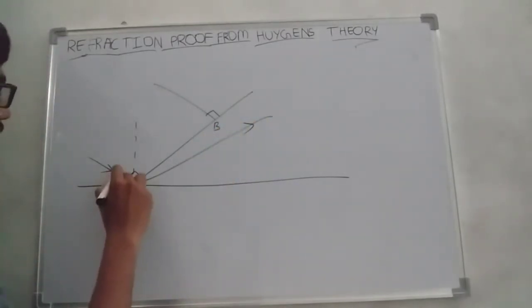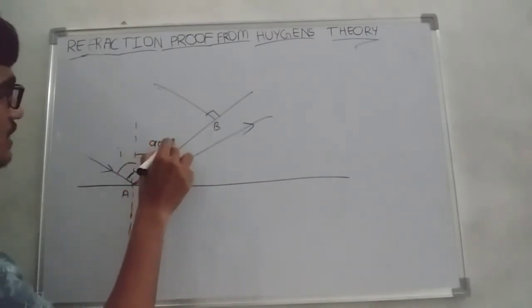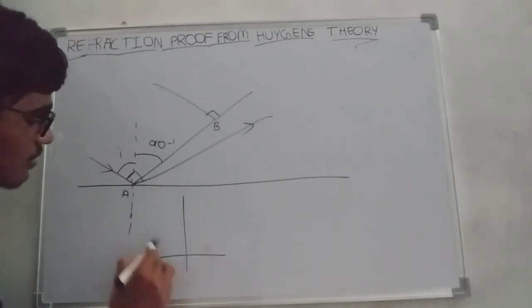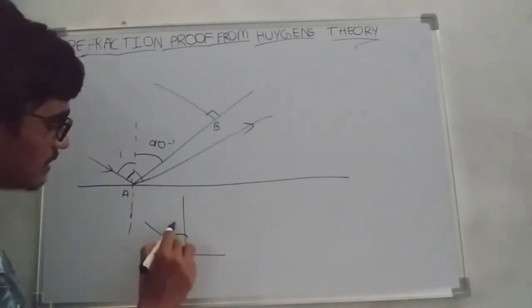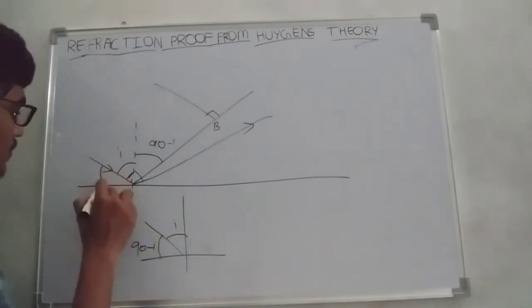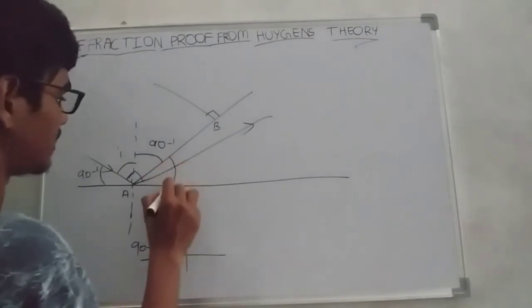We know that if this is the normal and this is the incident ray, this angle is I, so this angle becomes 90 minus I as it is perpendicular. Consider this angle to be x.